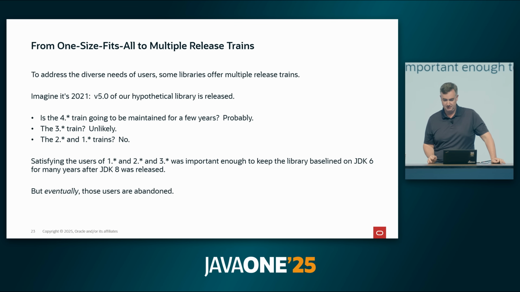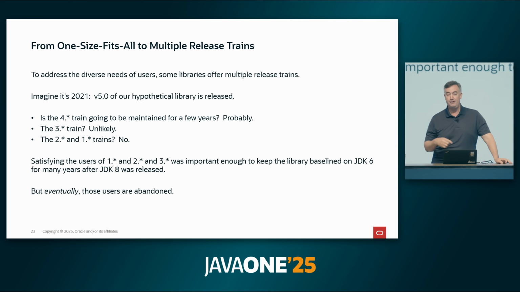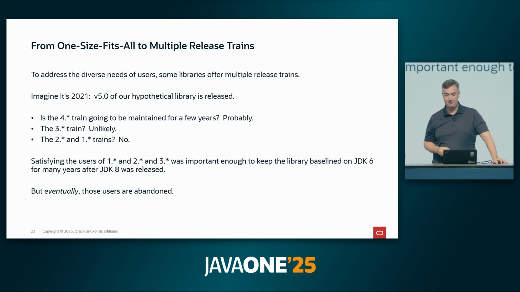No chance. And it's funny because satisfying the users of those earlier versions was important enough for many years to keep the library baselined on an old JDK where those users lived, where the library had originally come out.